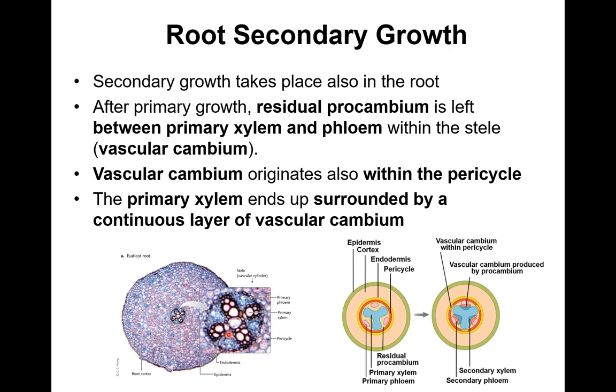Now, in between the phloem and the xylem here, there is some procambium that is left behind. Okay, similar to what was found also in the stem. However, this procambium is not in continuity.